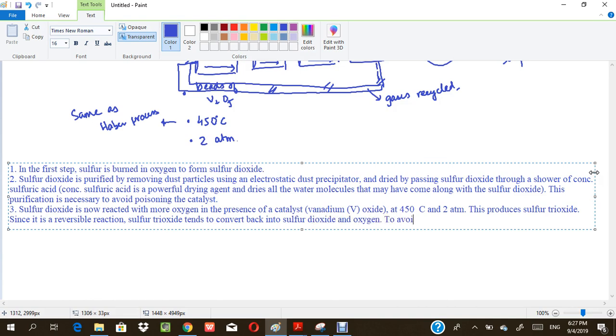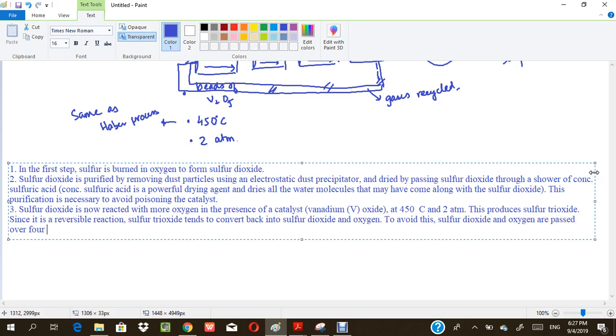To avoid this, the sulfur dioxide and oxygen mixture is passed over 4 beds of catalyst, with each bed having the same temperature and pressure conditions.